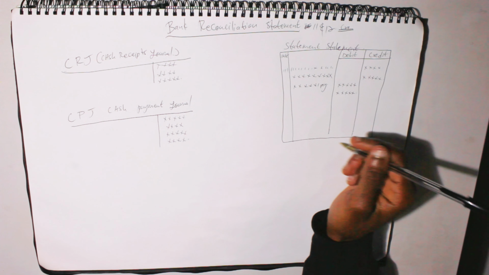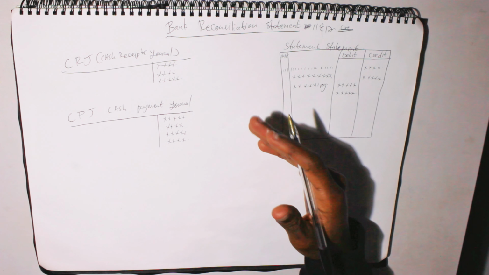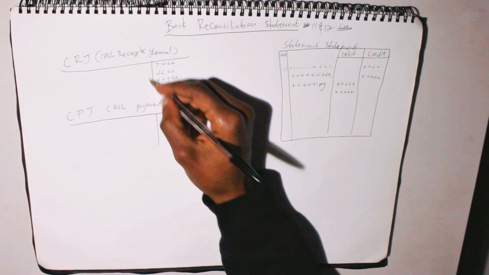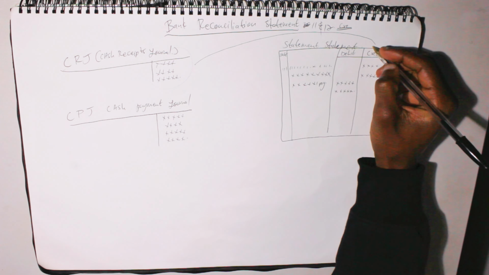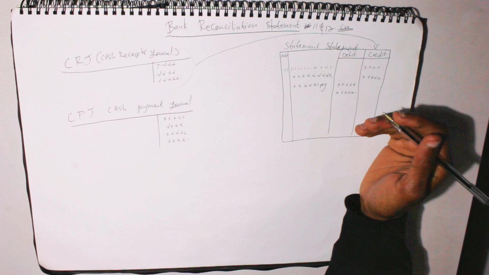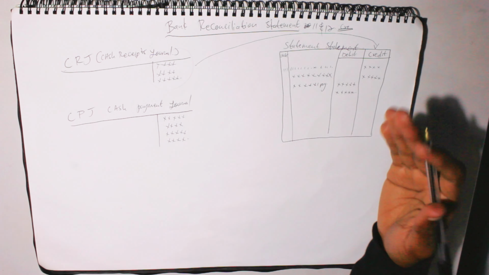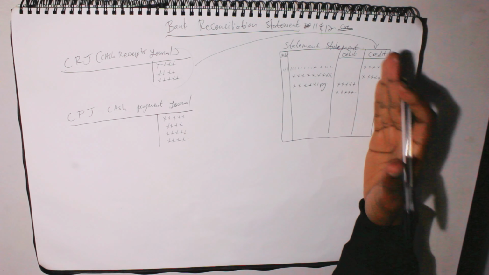We start by comparing our CRJ, and we're going to focus directly on the credit side of the bank statement. Why? Because every time money comes into the business, we record it on the CRJ. And on the bank statement, it will reflect on the credit side, which means your account is credited.